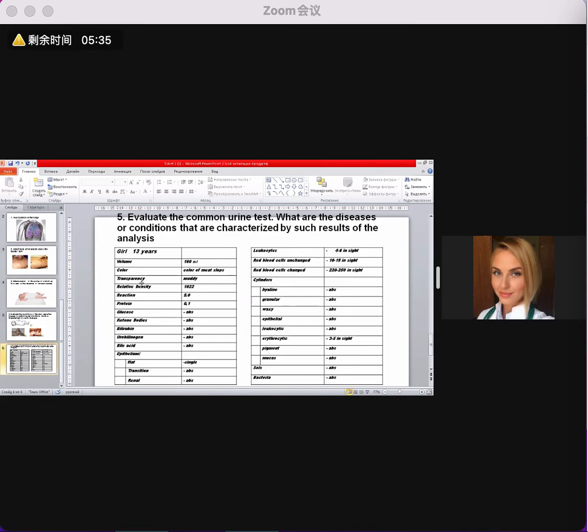What do you think about this analysis? So rapidly. There is hematuria, a lot of erythrocytes in the urine, also look, erythrocytic cylinders. So this is hematuria. What syndrome can it be?